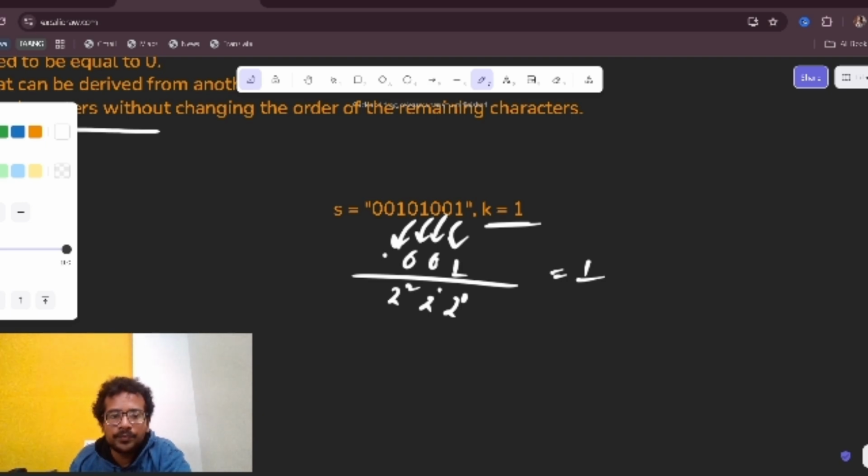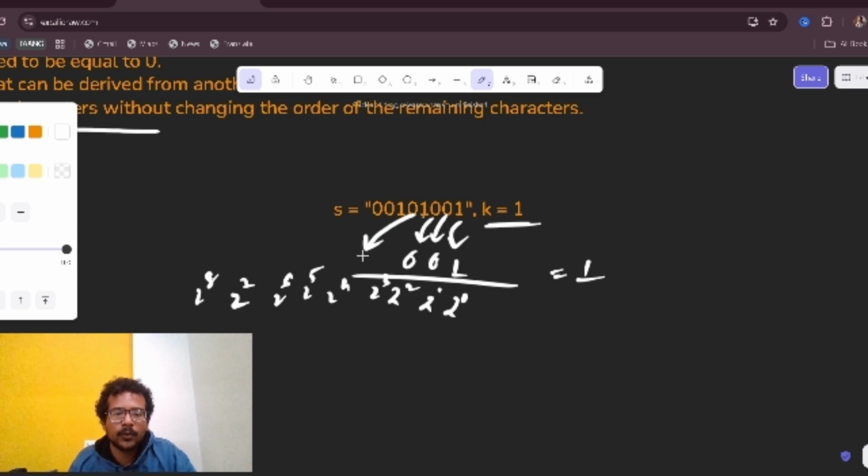Then 1 into 2 power 3, and 2 power 3 is 8. 8 plus 1 will give us 9, which is exceeding the limit, greater than k. So I will not take this one. I didn't take this 2 power 3.